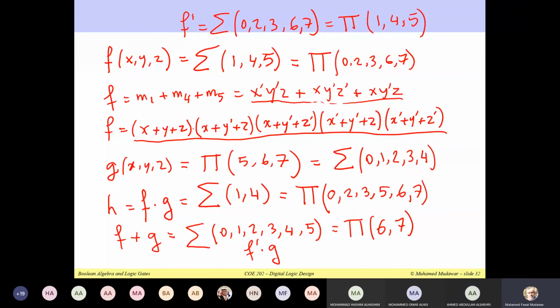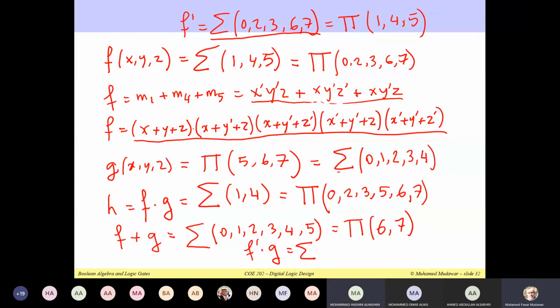F prime and g. What is f prime and g in sigma notation? Here we have 6 and 7 for f prime. We have to start at 0. 0 is common in f prime and g.